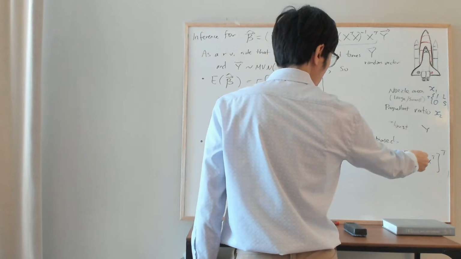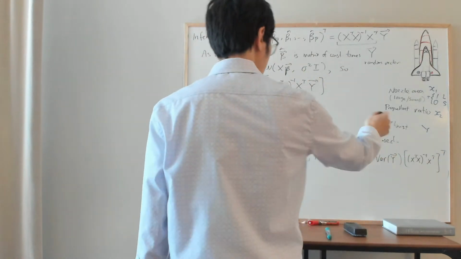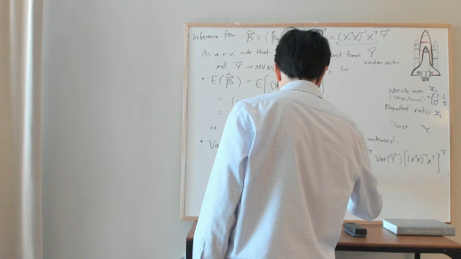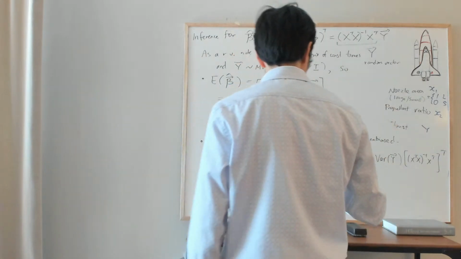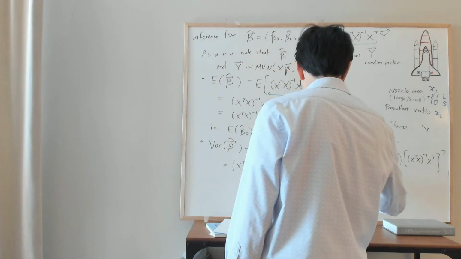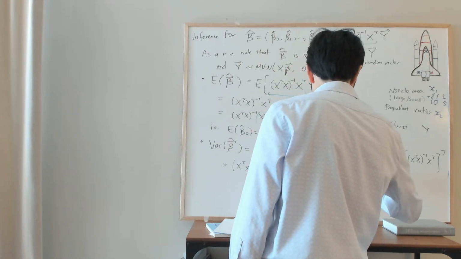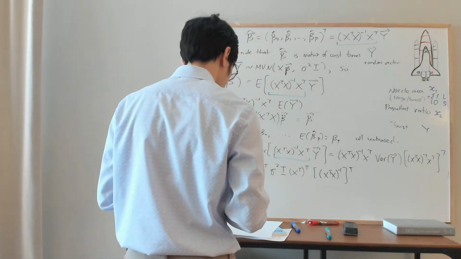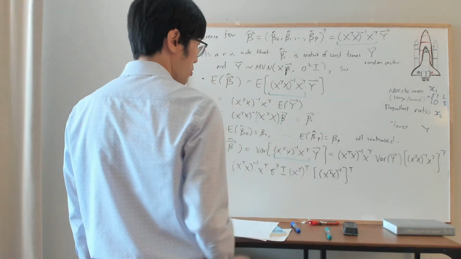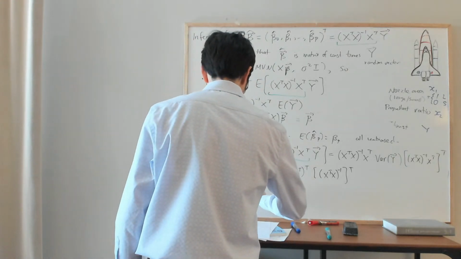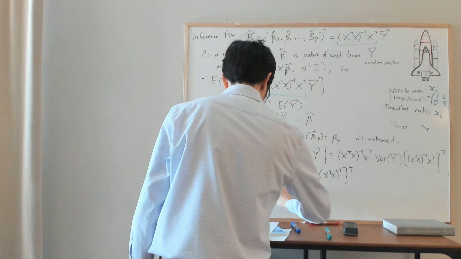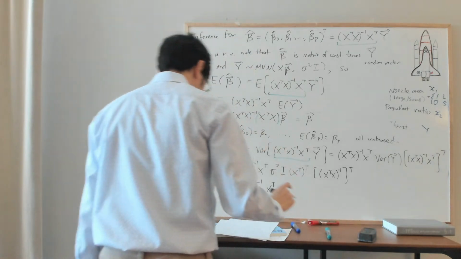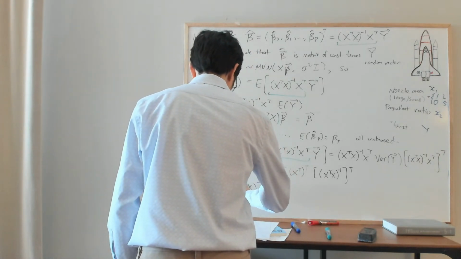This is like two matrices, A times B, all transpose, so we flip the order: we have x transpose transpose, and then the transpose of this inverse, x transpose x inverse transpose.